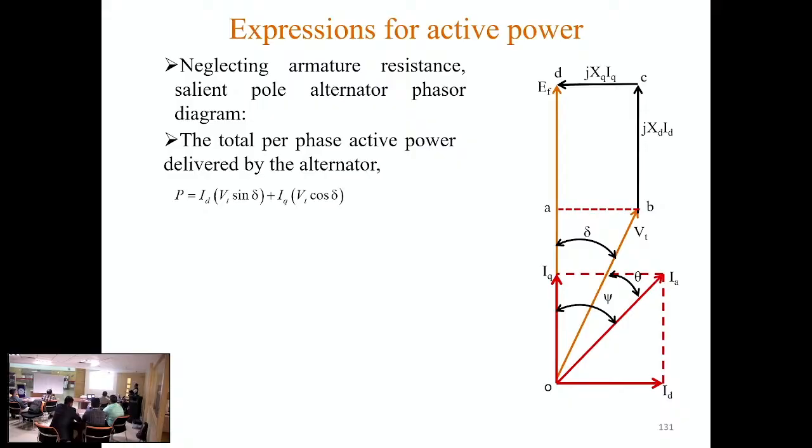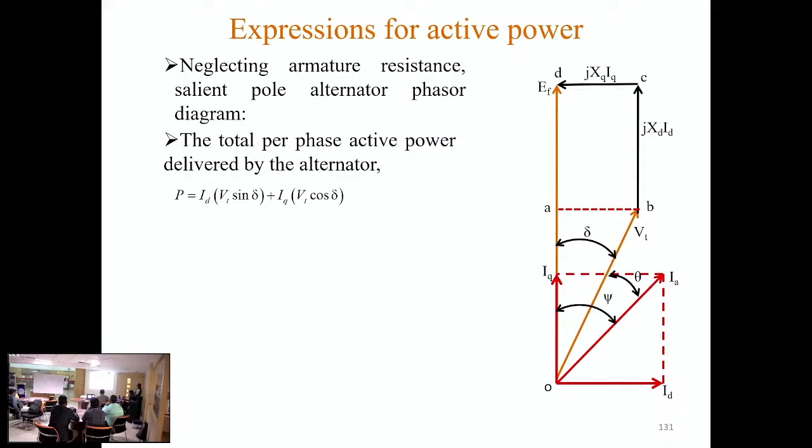Active power means the component of either current or voltage that has to be along the same line. If we consider one as the reference, we have to take the component of the other one along that reference one. So if we take Vt as the reference phasor, we have to find the component of Ia along that Vt. If we take Ia as the reference phasor, we have to find the component of Vt along that Ia reference. Okay, so that is the concept here.